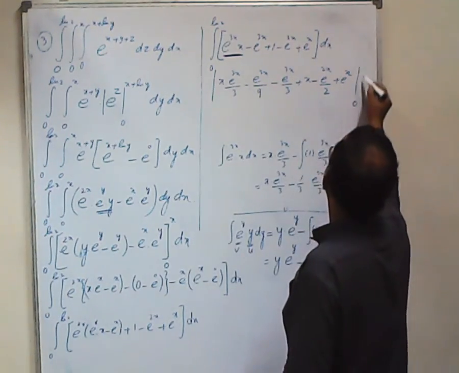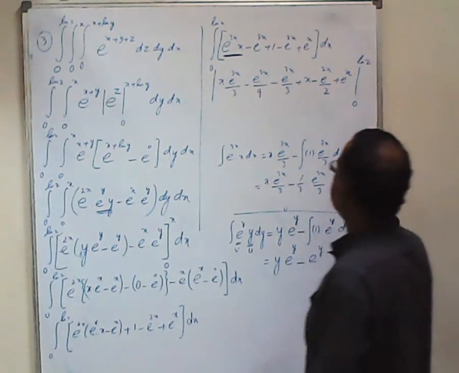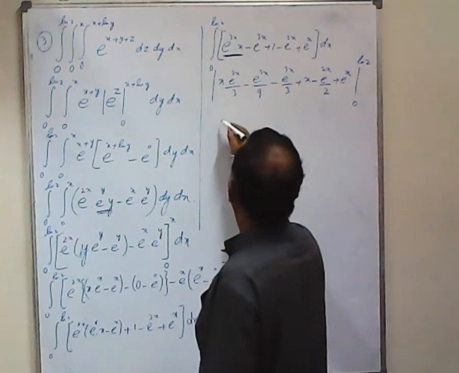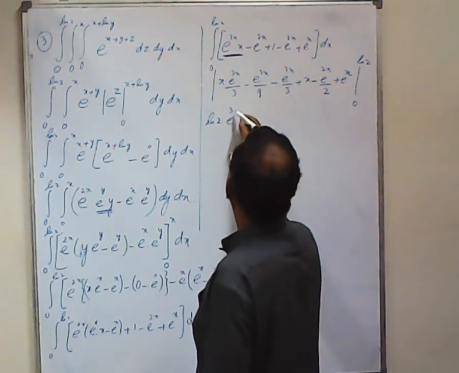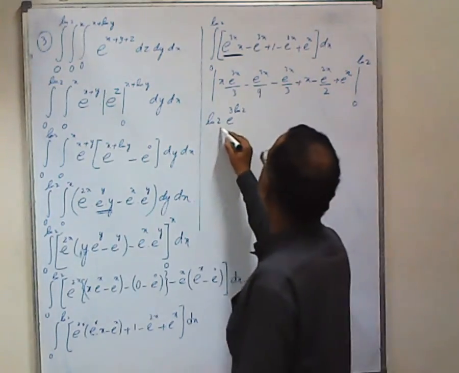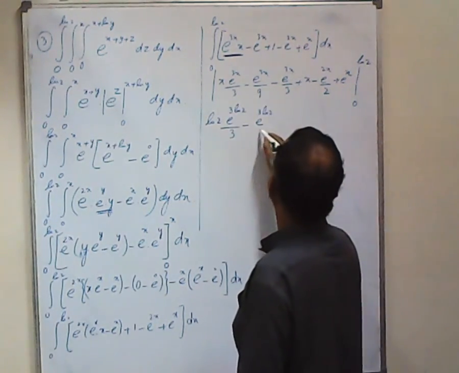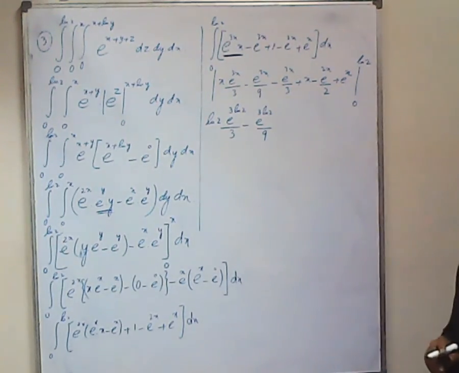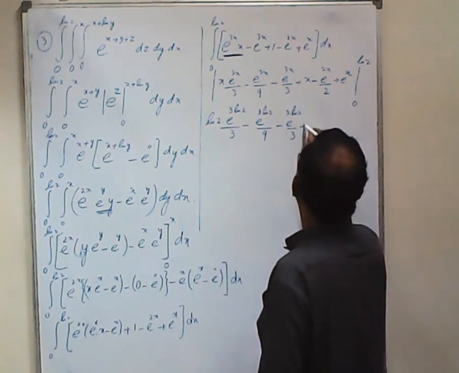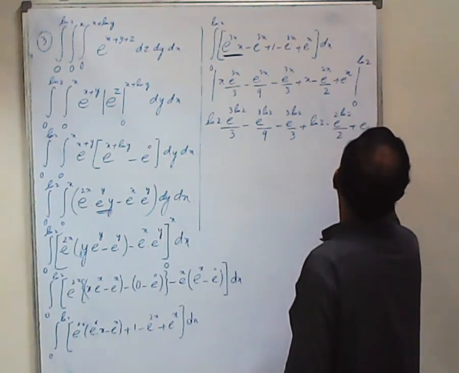And now we have to substitute 0 to log 2. So now substituting these limits and simplifying the term. For the upper limit I have log 2 times e^(3 log 2), because x is equal to log 2 for the upper limit, upon 3, minus e^(3 log 2)/9, minus e^(3 log 2)/3 plus log 2 minus e^(2 log 2)/2 plus e^(log 2).